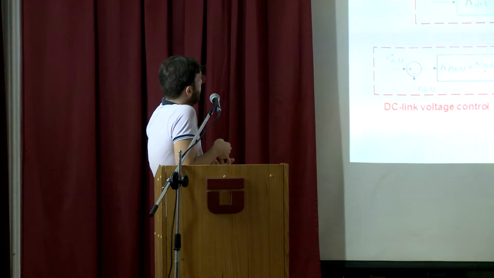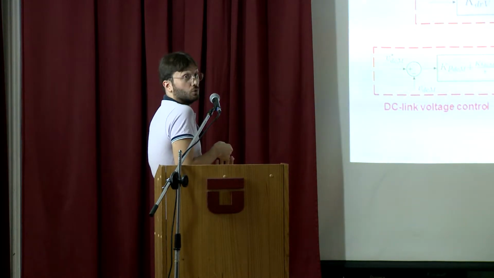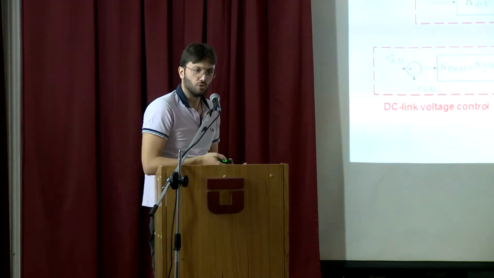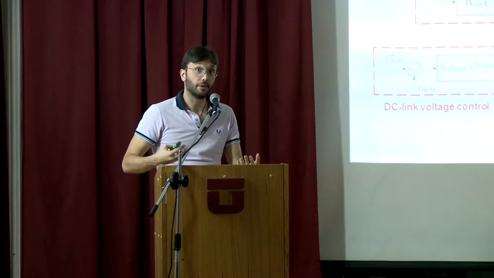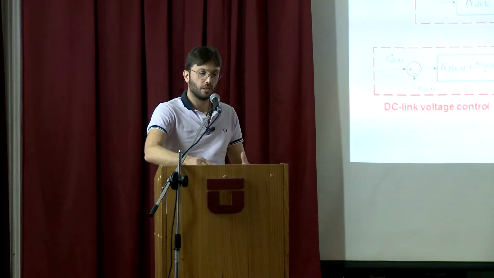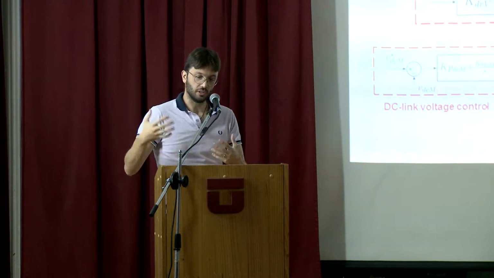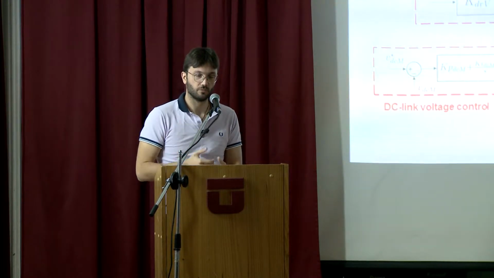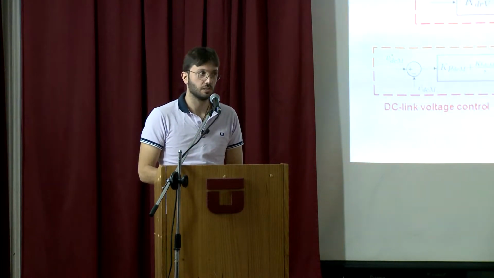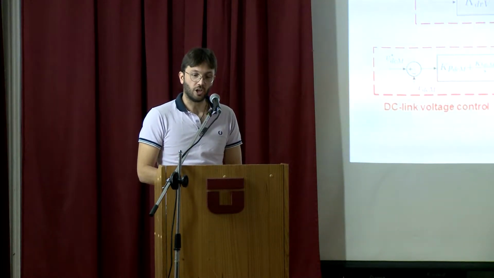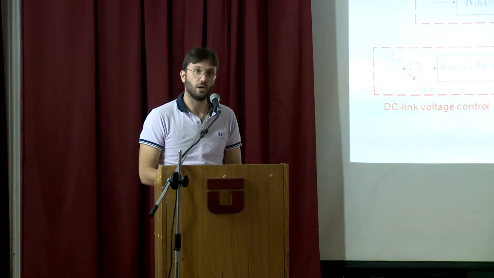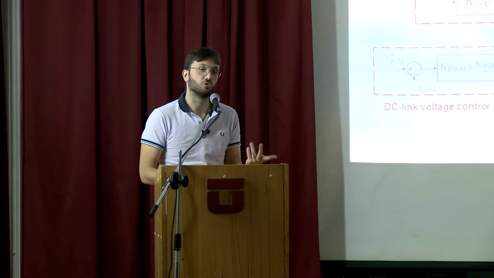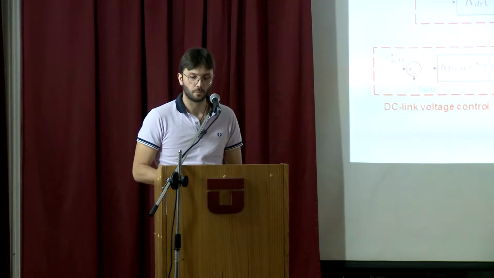And then we can have what I was telling you before. We have active power and reactive power. So the active power controls the power exchange between the three stages, but the reactive power can be used to provide additional services. One of the services is the voltage support in the medium voltage grid.